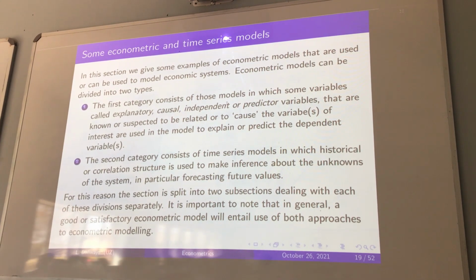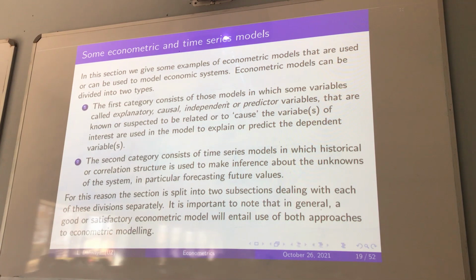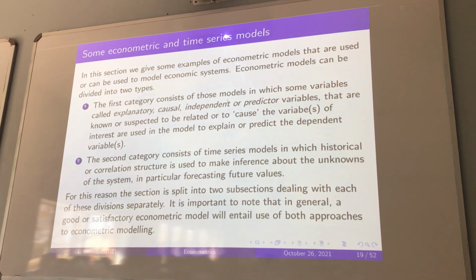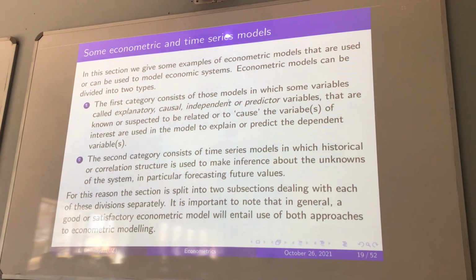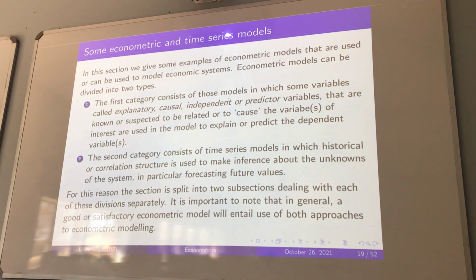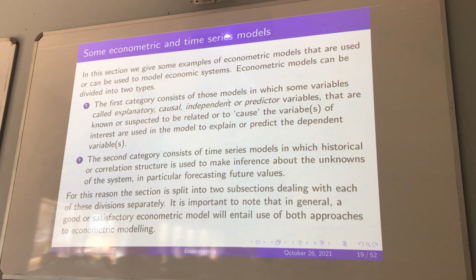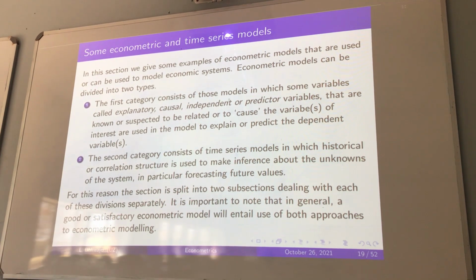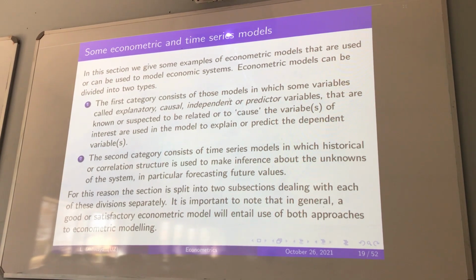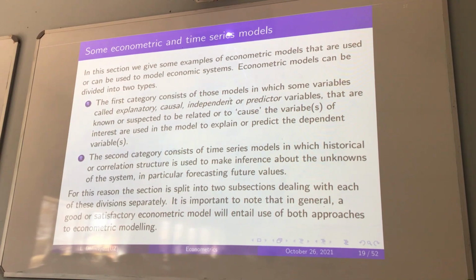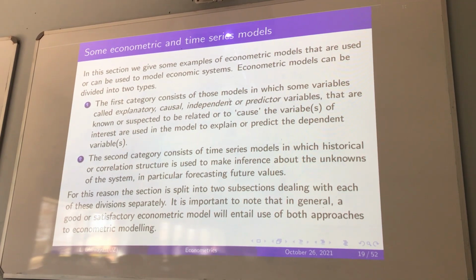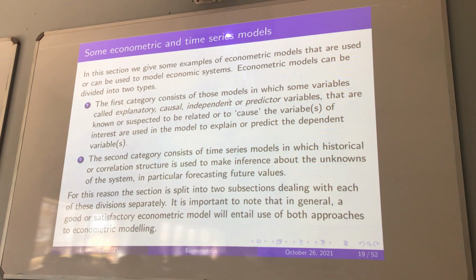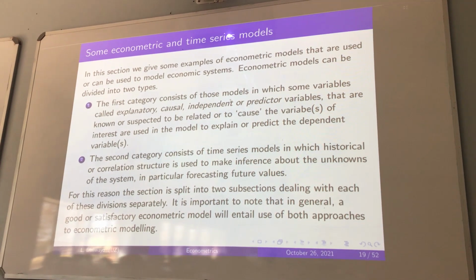So you're safe. We are just applying this one now to what? To economics. Okay. For this reason, this section is split into 2 subsections dealing with each of these divisions separately. It is important to note that in general, a good or satisfactory econometric model will entail use of both approaches to econometric modeling. So you can use both approaches.